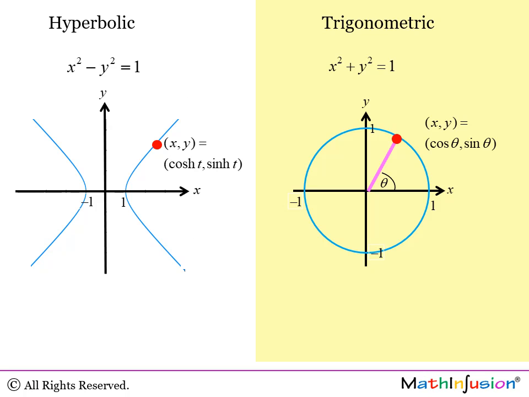Here you see the comparison between the hyperbolic and the trigonometric functions. It's exactly the same principle, but here we are using x to the power of 2 minus y to the power of 2 equals 1, which is a hyperbola. And with trigonometric functions, we are using the unit circle x to the power of 2 plus y to the power of 2 equals 1.